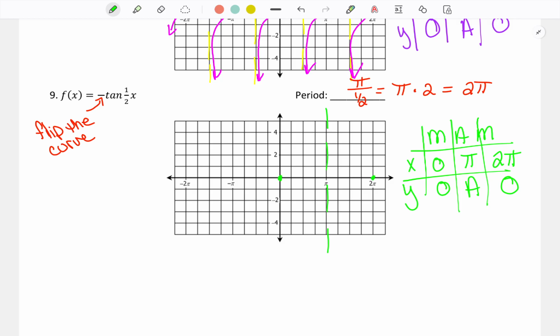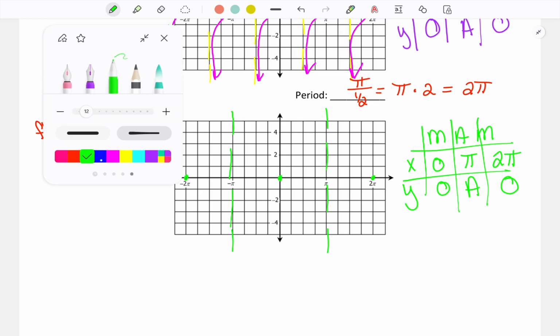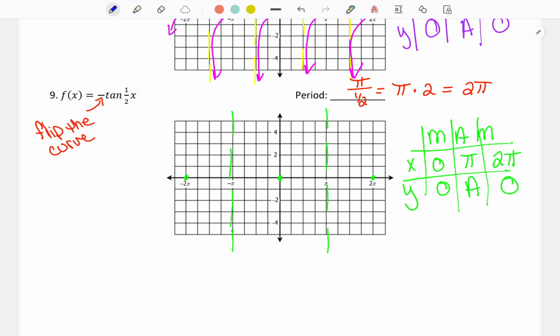At 2 pi we have a middle. So that means at negative pi we will have an asymptote. And then at negative 2 pi we will have a middle. So if you see that we have 2 pi in between each middle, it'll help you see where that period ends.